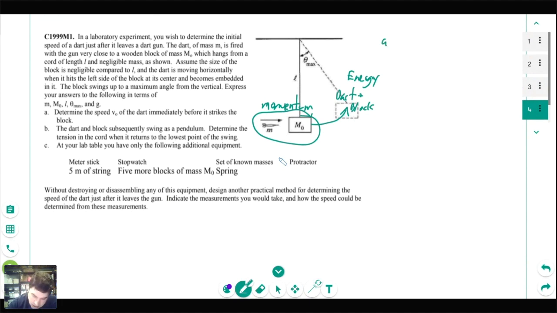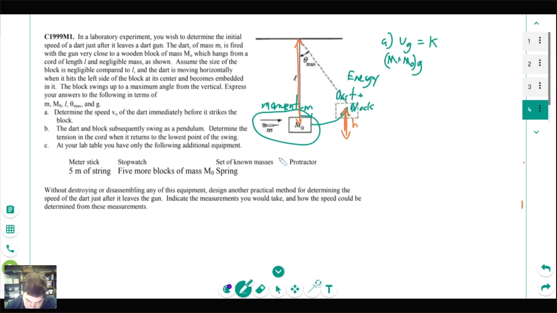So we're going to start here and do potential energy came from kinetic energy. So this is (M plus M naught) g, I have to find the height. I have to find this difference in height. My height here is L away from the ceiling.